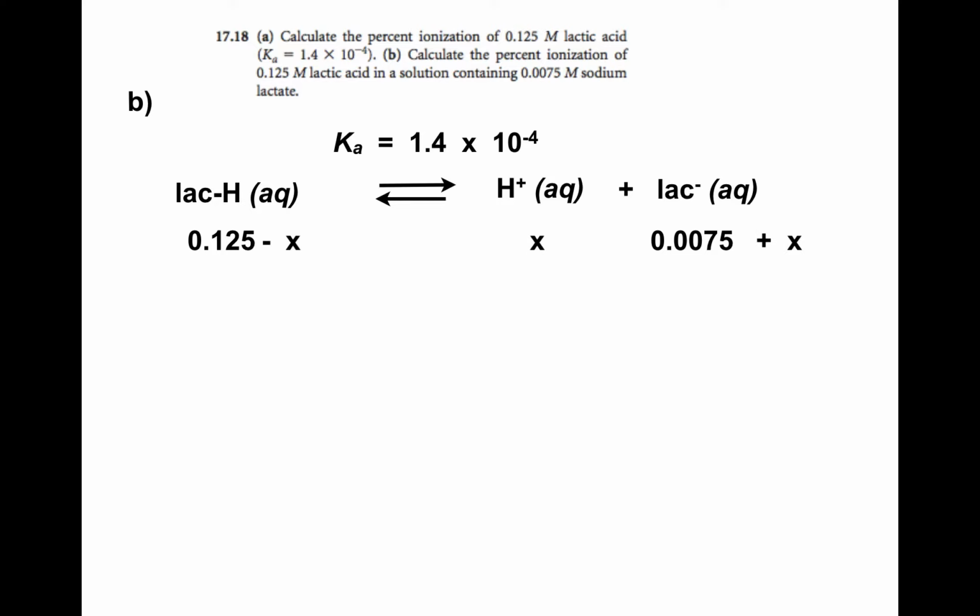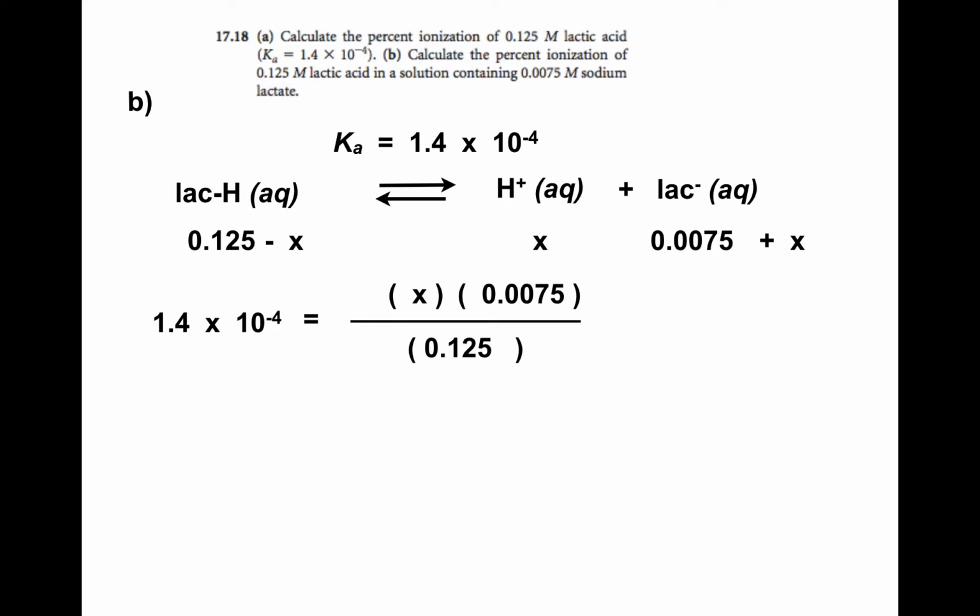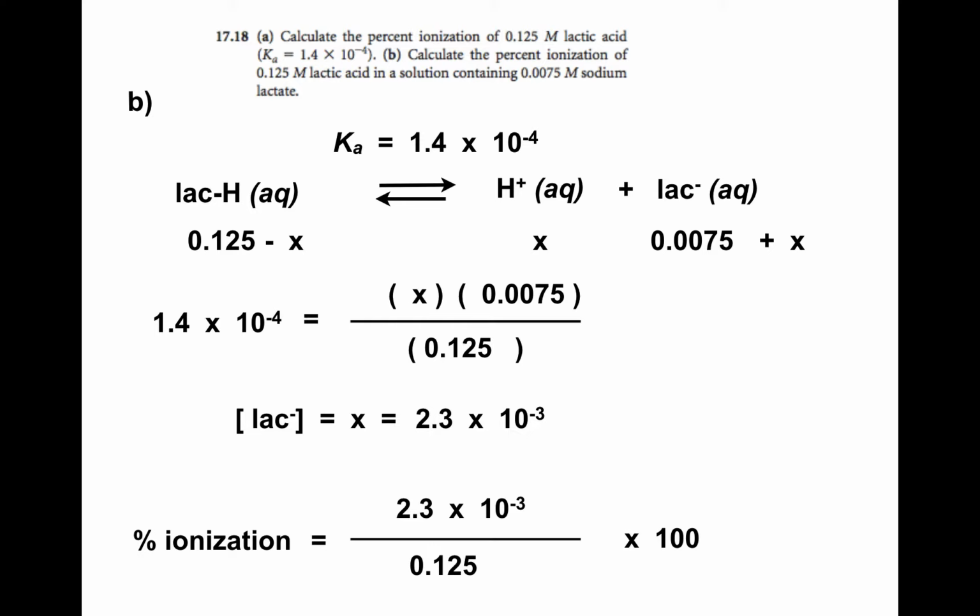So in this case, we're looking at the H plus concentration as to the percent ionization of this weak acid. The lactate is suppressing the ionization of the lactic acid, so X should be smaller. So when I solve for X and divide it by the original concentration times 100, we see that we have a lower percent ionization with a common ion than we do with the lactic acid alone.